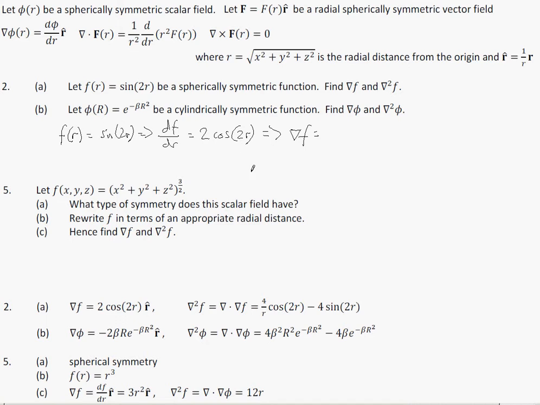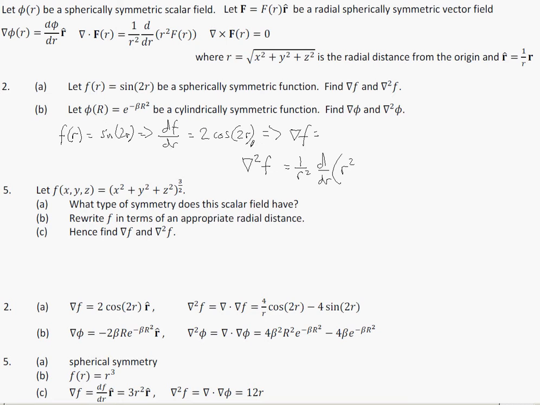So del squared f is going to be 1 upon r squared, from this formula here, times d by dr of r squared times f of r.